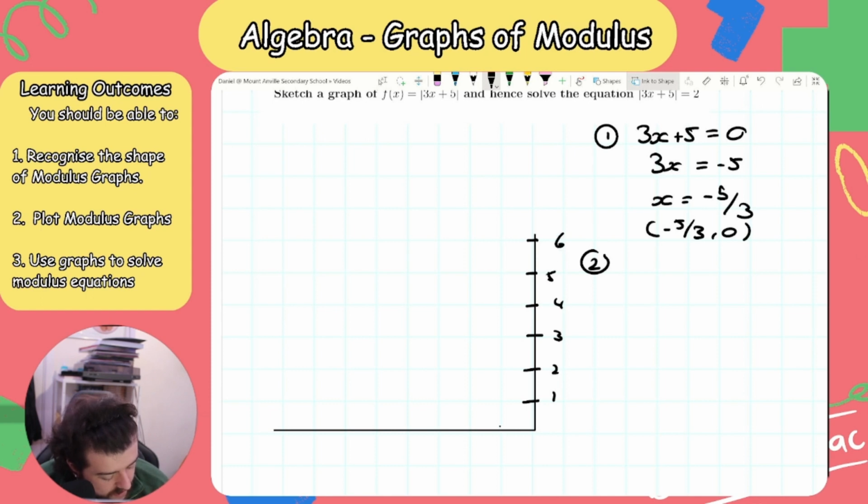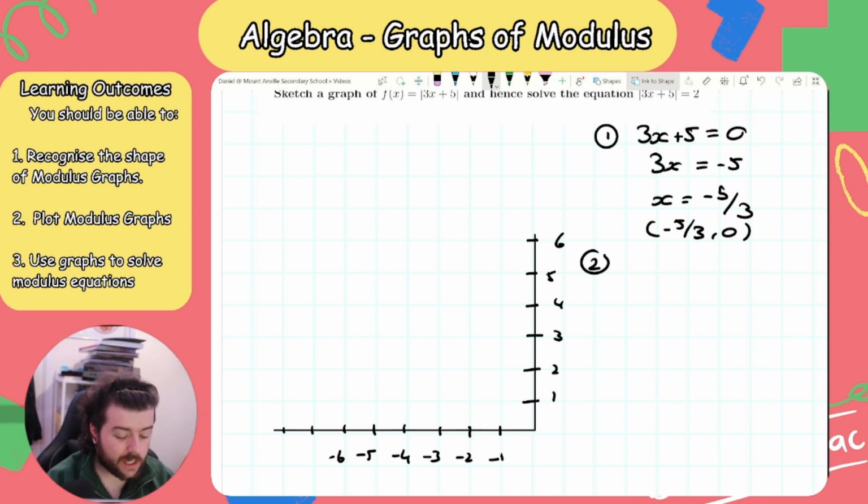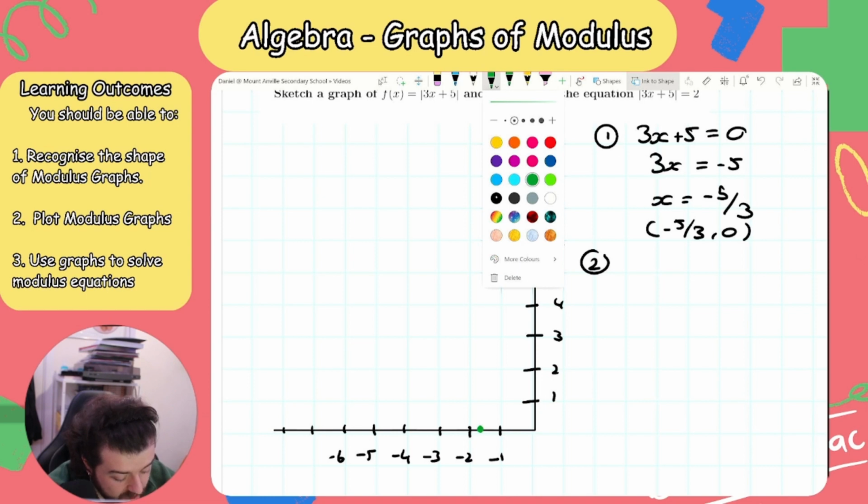And then my x values: minus 1, minus 2, minus 3, minus 4, minus 5, minus 6, minus 7, minus 8. Minus 5 over 3 is equal to minus 1.6666, so that is going to be around here on my graph. Now I just need to find a point to the right and a point to the left. Any point will do.